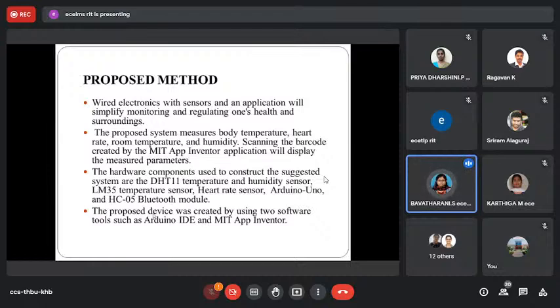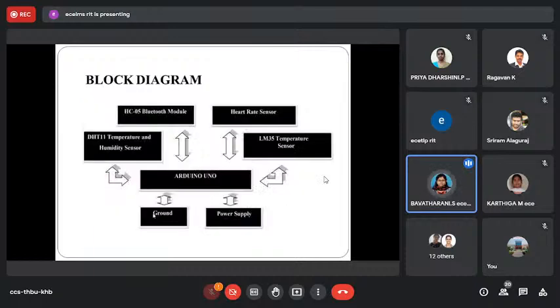The software tools which we are using are Arduino IDE and MIT App Inventor. So this is the block diagram of the project. All the sensors are interfaced to the Arduino UNO. Arduino UNO is like an interface which connects all the data from the sensors and displays it.